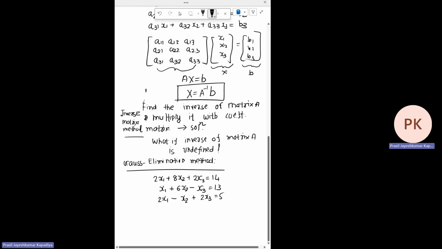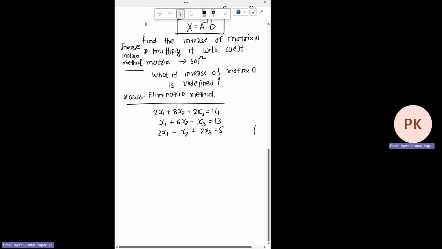Let's say I want to solve this using the Gauss elimination method. So first I will write down my matrix 2, 8, 2, 1, 6, minus 1, 2, minus 1, 2 into x1, x2, x3 is equal to 14, 13, 5.